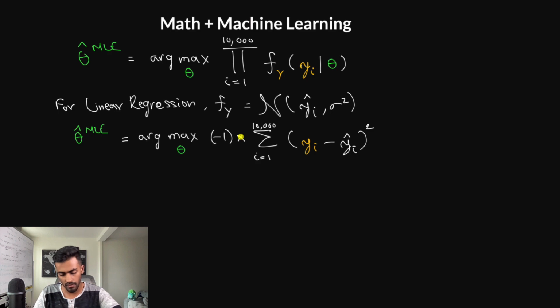And this term over here is the residual sum of squares, because the error is a residual, that is yi minus yi hat. It's a sum of those residuals and the sum of squares of those residuals. So residual sum of squares.